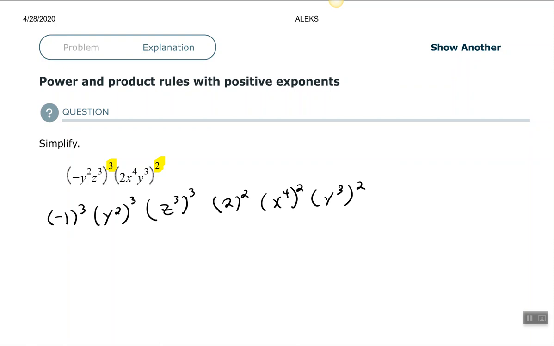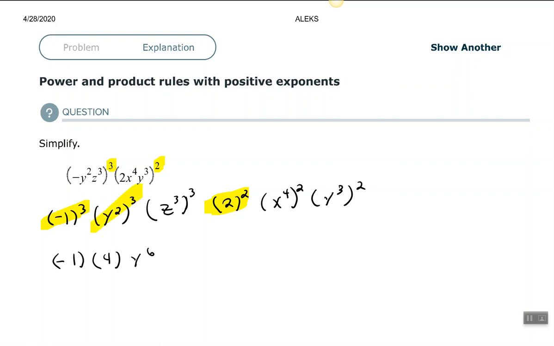So I have negative 1 to the third, which is just negative 1. Let's go ahead and take care of this other number here, the 2 squared. So 2 squared is 4. All right, and then we have y squared raised to the third. That's y to the sixth. So I've taken care of that one.